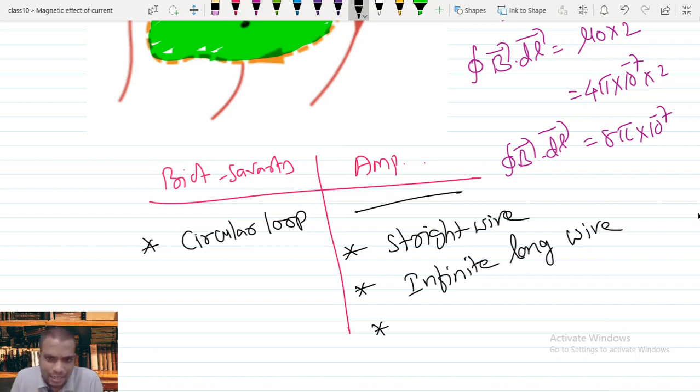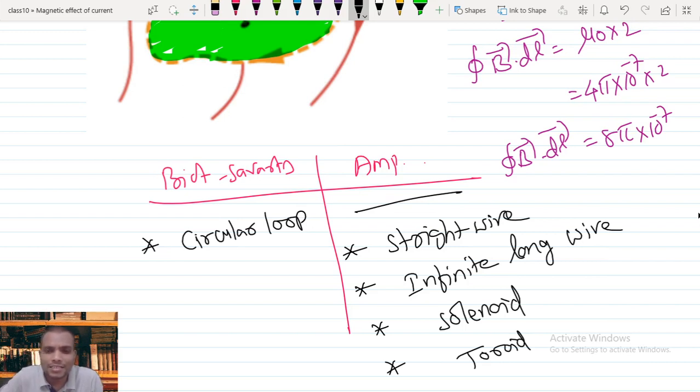Not only that, in the coming classes we will discuss magnetic systems called a solenoid and a toroid. It is very easy to use Ampere's law for a solenoid and a toroid. I can talk about that in the coming classes.